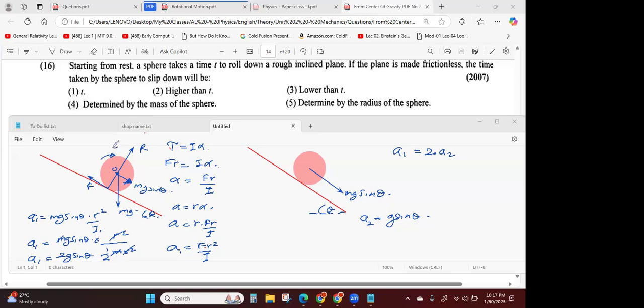Let's say we want the relation between capital T and small t. The plane is made frictionless, and the time taken by the sphere to slip down will be capital T. We can see here the acceleration is smaller, so therefore this T will be higher than t. So the answer is higher than t.